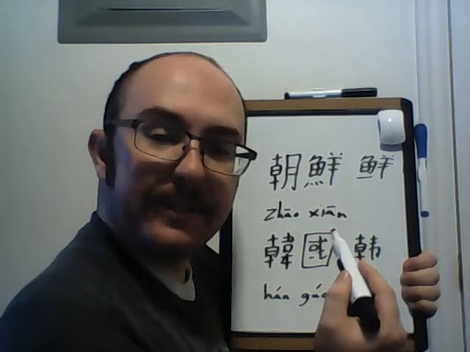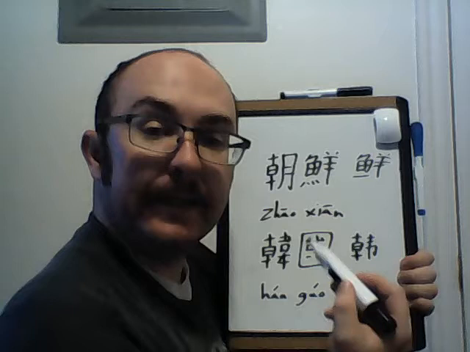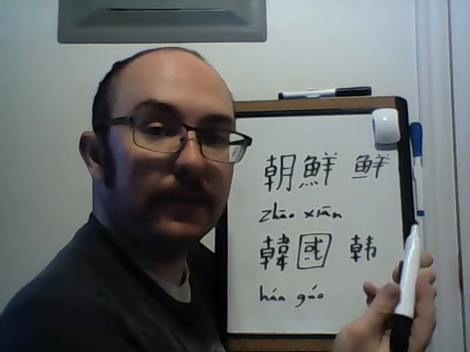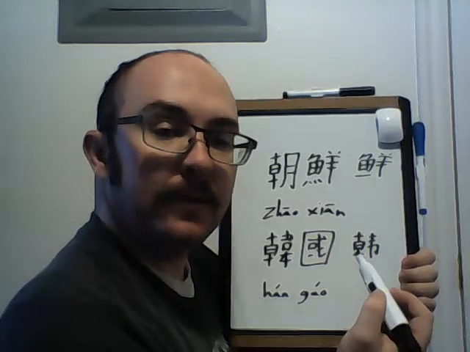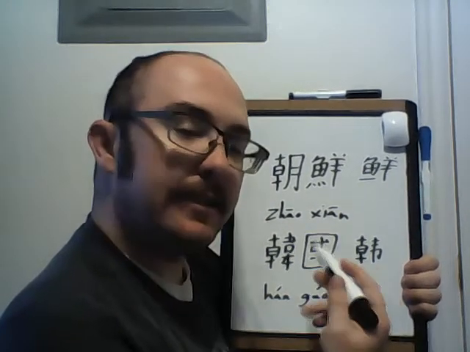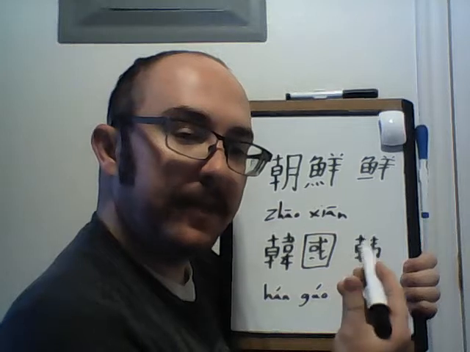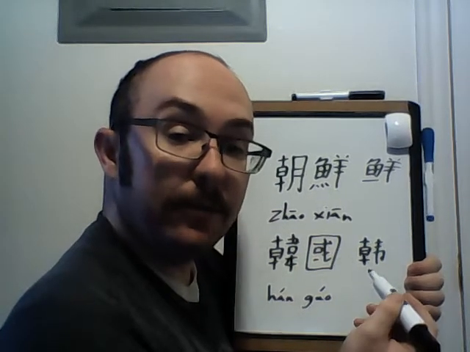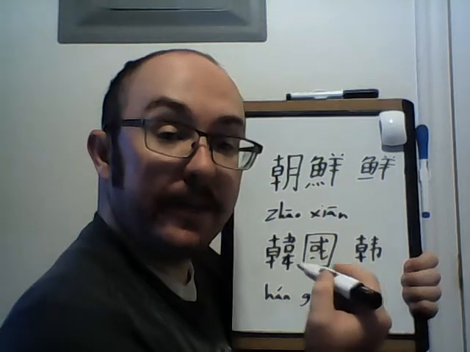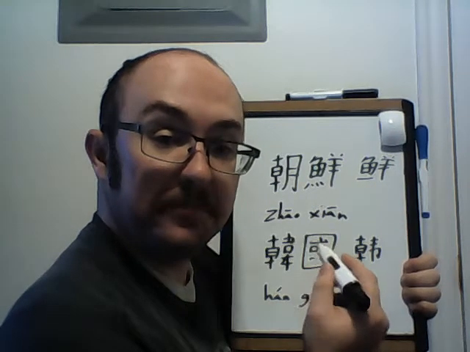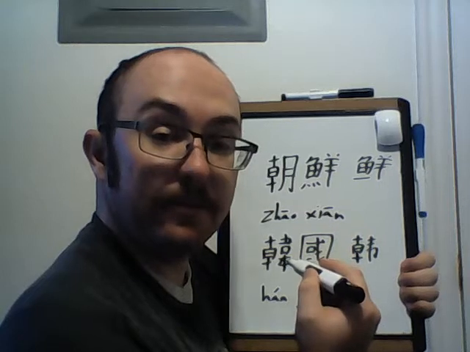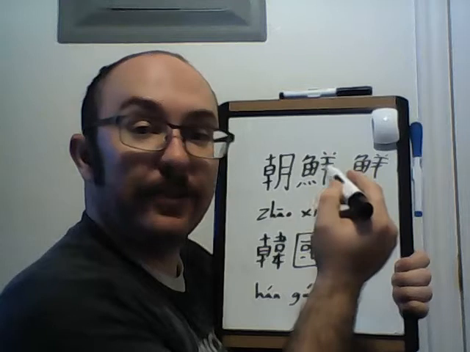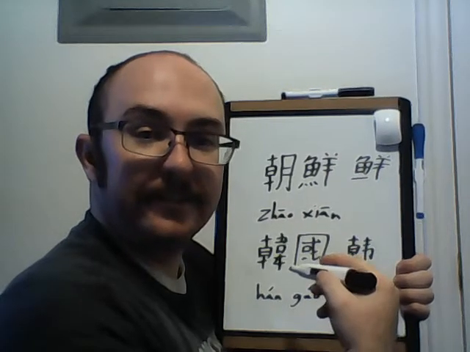So it's kind of an interesting thing because Han and Zhaoxian both mean Korea. It's kind of just this interesting thing that occurs in language, because both Chinese and Korean do this, where they have a name that sounds very much like this for South Korea, and then they have a completely different name for North Korea that doesn't sound anything like this at all.